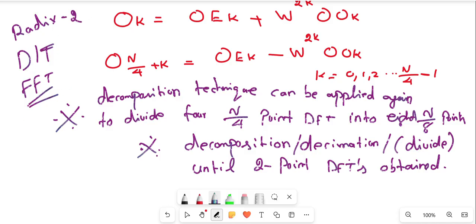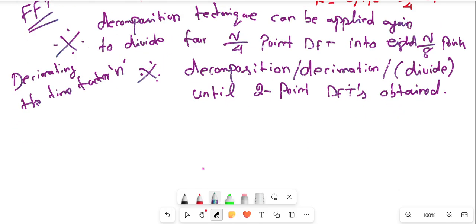Decimation in time means we are decimating the time factor n. In a similar way, if you decimate the frequency factor k, then it is called the decimation in frequency algorithm.